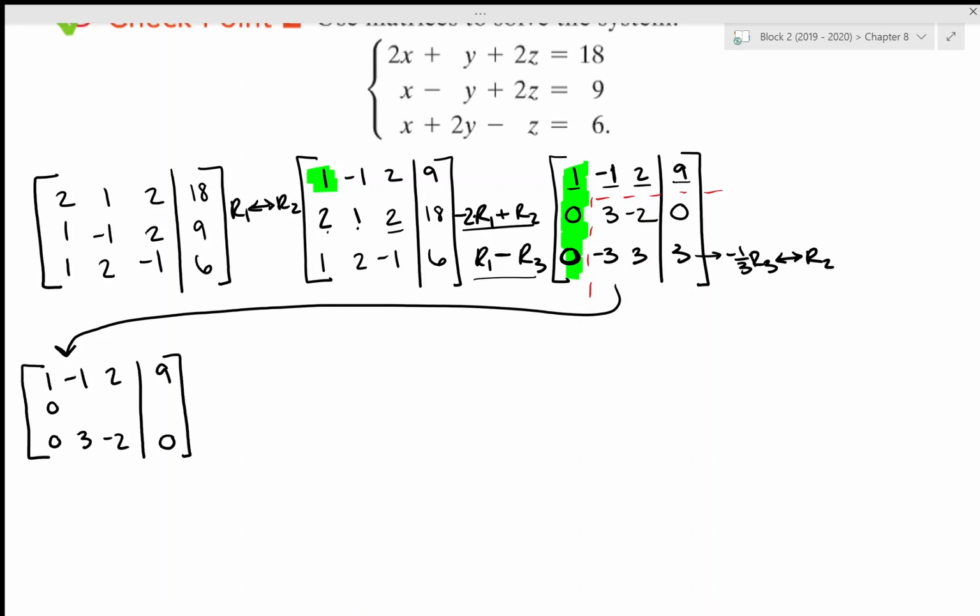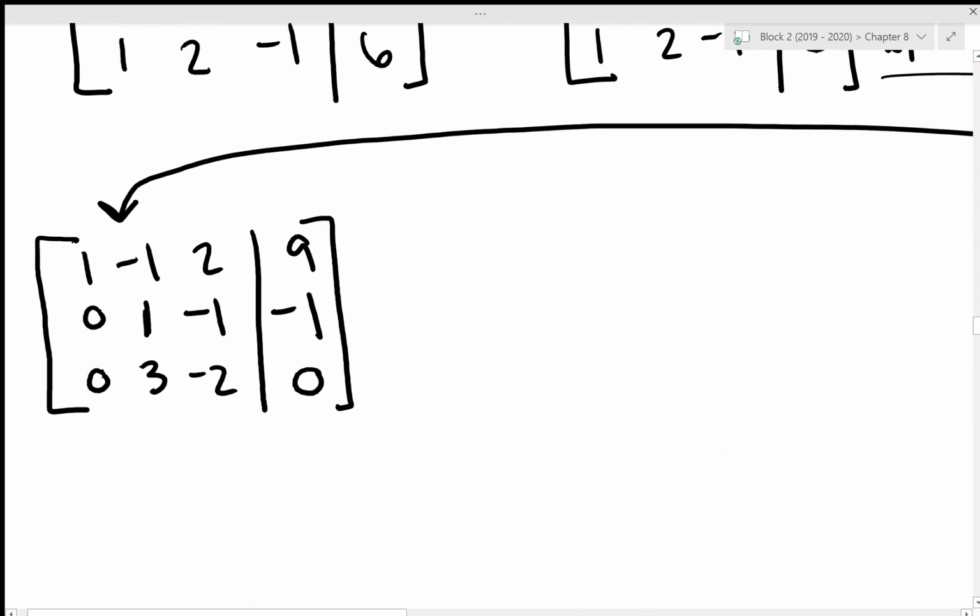So negative 3 times negative 1/3 is 1. Negative 1/3 times 3 is negative 1. And then again, negative 1. This helps you avoid fractions. If you want to avoid fractions, look for that step. Okay? So I have my 1 with my zeros, and I have the 1.